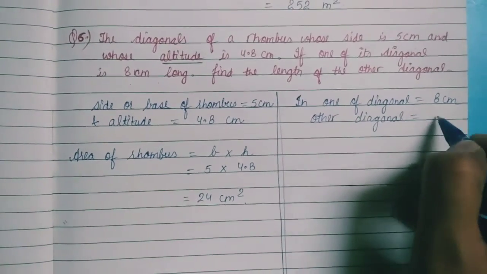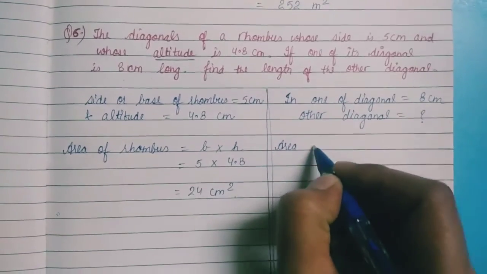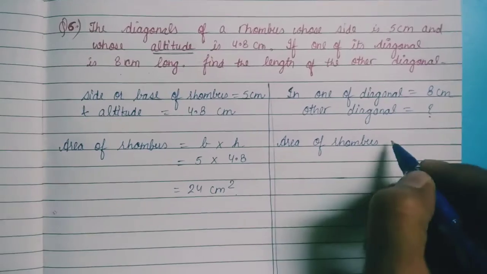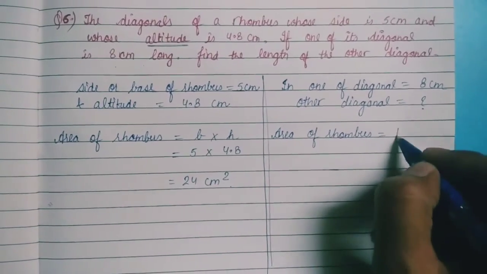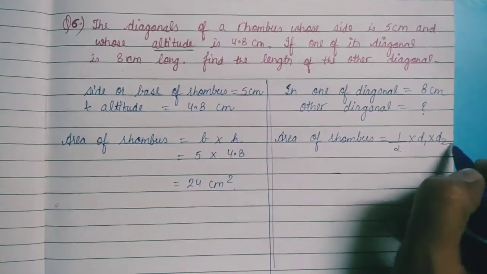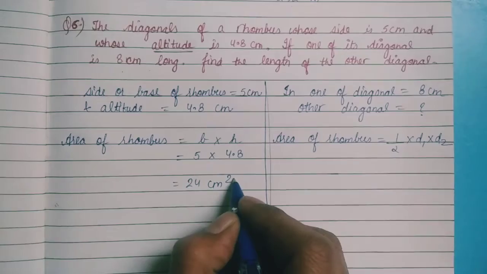So by the use of the area of a rhombus, when we have the diagonals, it is half into d1 into d2. We already saw the area of the rhombus is 24 centimeter square.